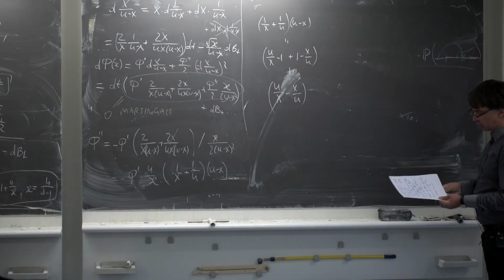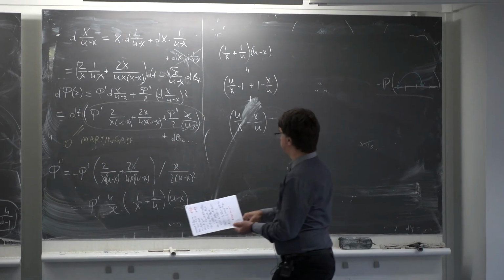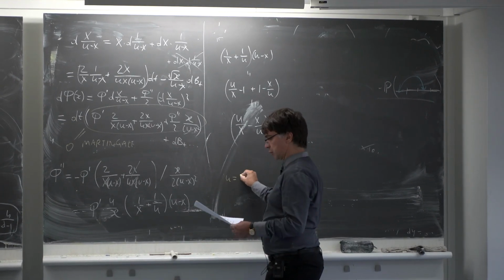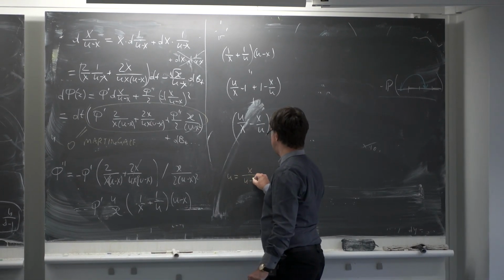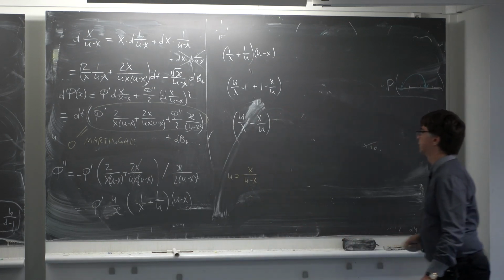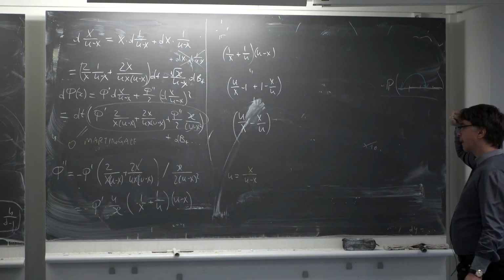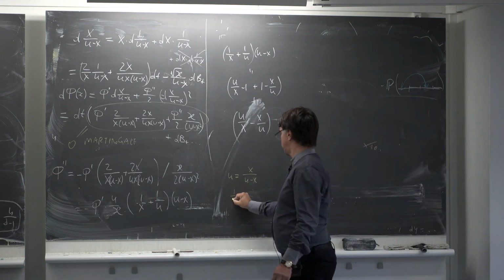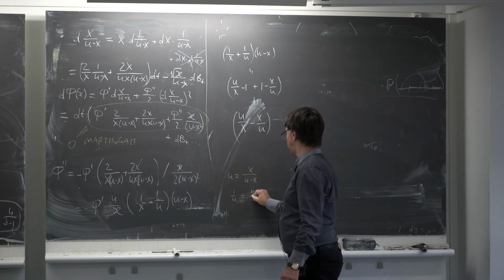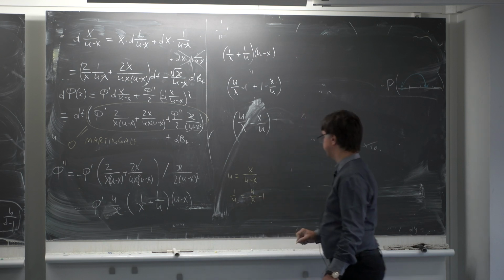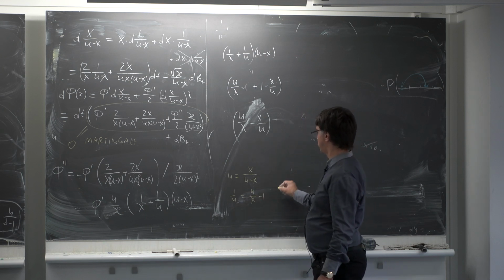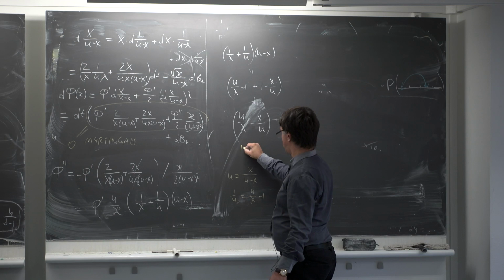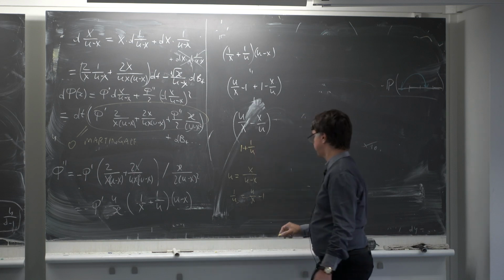And now my term, so what was the term u small? It was x over u minus x. So 1 over u small is u over x minus 1. So u over x is 1 plus 1 over u.